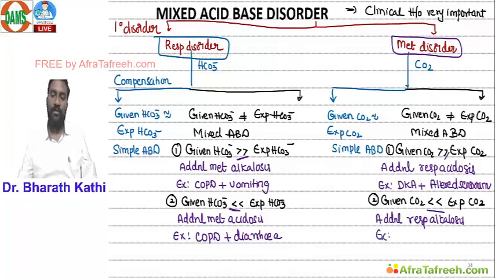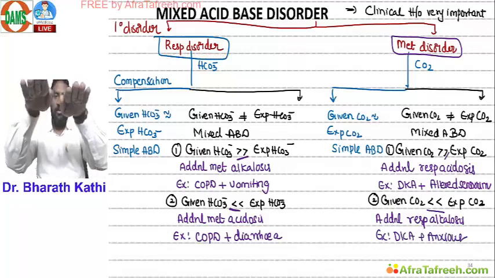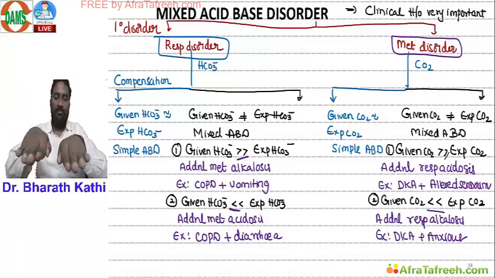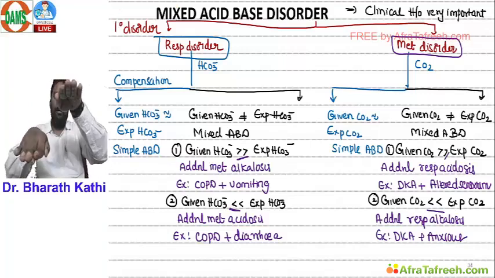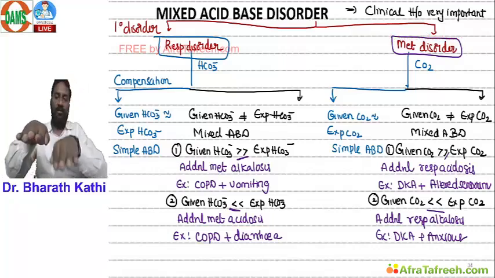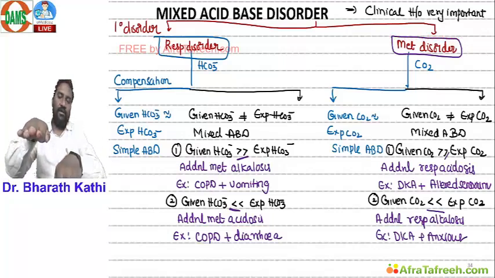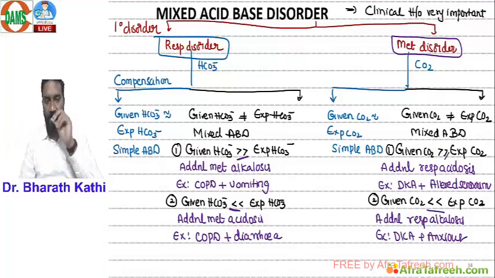Example, DKA and anxious patient. In simple words, if bicarbonate decreases to this level, CO2 should also come to this level. If it has increased significantly, anywhere extra CO2 is additional respiratory acidosis. If it has decreased, anywhere extra washout of CO2 is additional respiratory alkalosis. Nothing but mixed acid-base disorder.